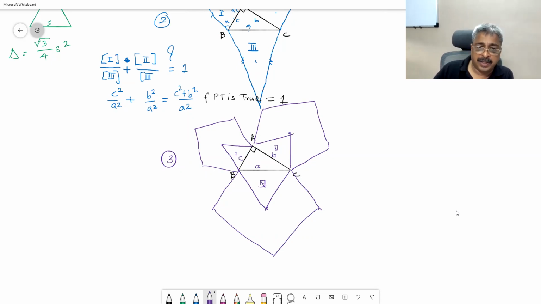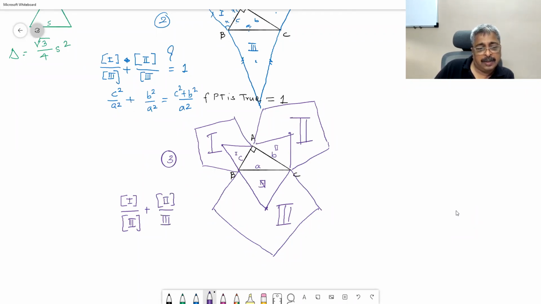Now therefore, if I consider the area of this pentagon is 1, this pentagon is 2 and this pentagon is 3, then do you agree that 1 upon 3 plus 2 upon 3.